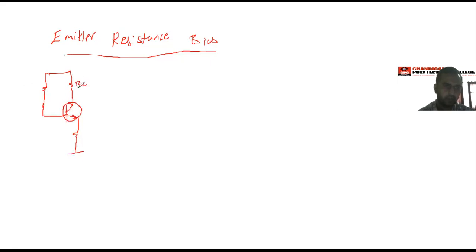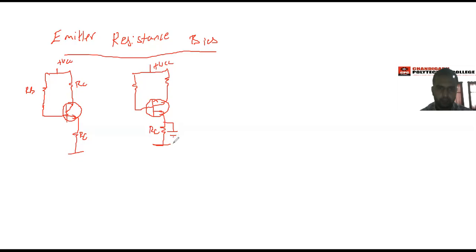This is your RC, this is your RB, here is RE, plus VCC we apply here. And the advanced version of emitter resistor biasing is, there is some problem in this circuit, which we removed in the circuits. Here is RC in the parallel circuit of CE. This is a circuit diagram of emitter resistor biasing.